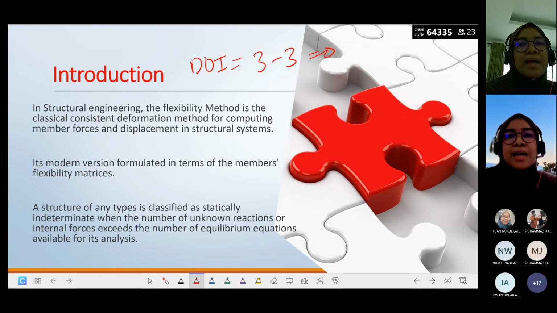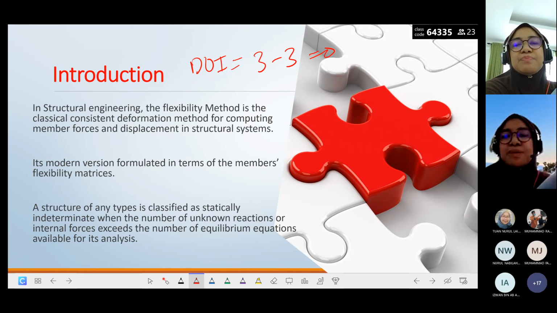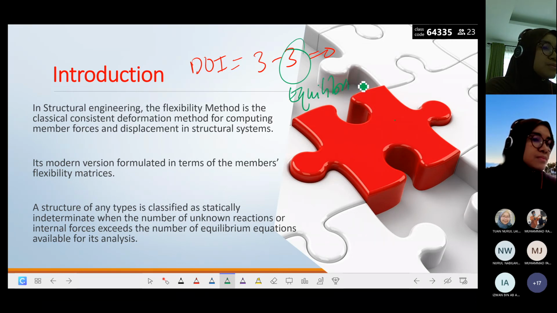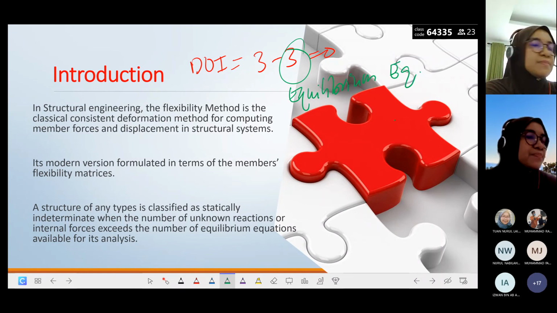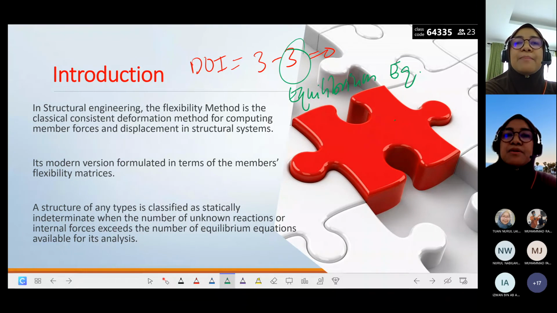Okay, in simple way, we calculate the degree of indeterminacy by finding the difference between number of unknown reaction and three equilibrium equation. And then for truss, of course, you need to consider as well the member forces in order to identify the degree of indeterminacy.